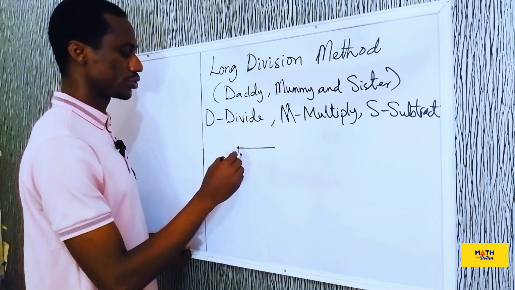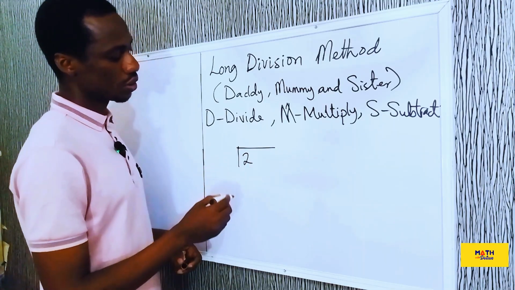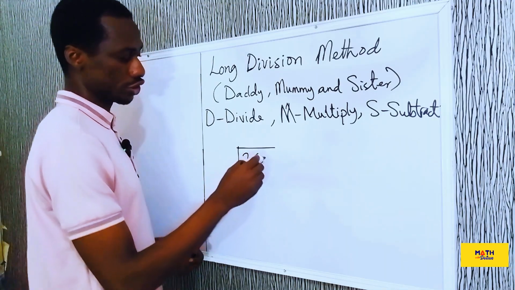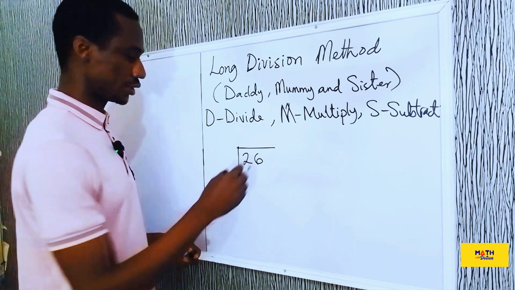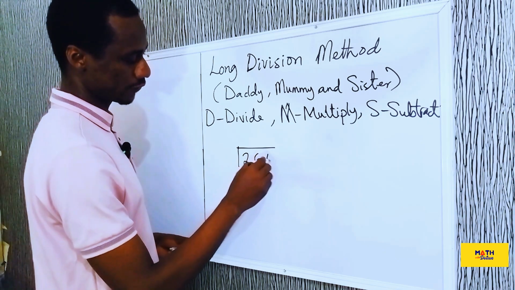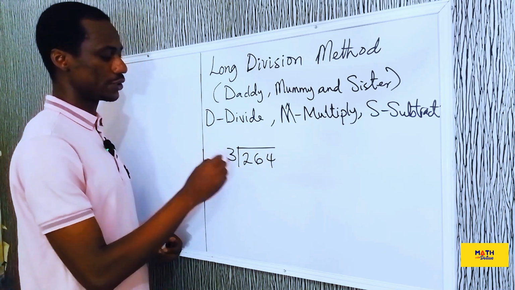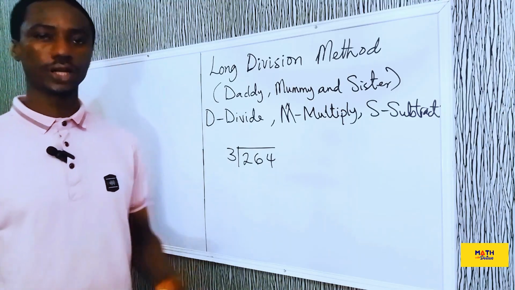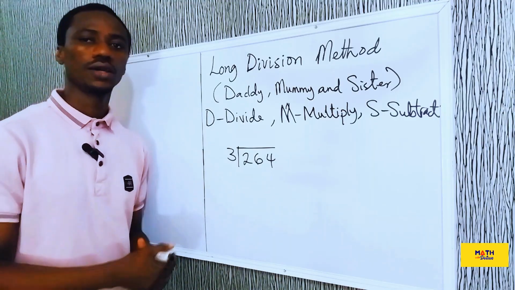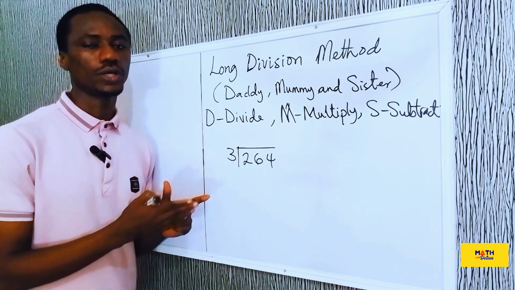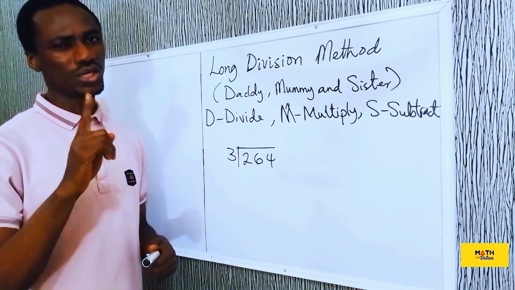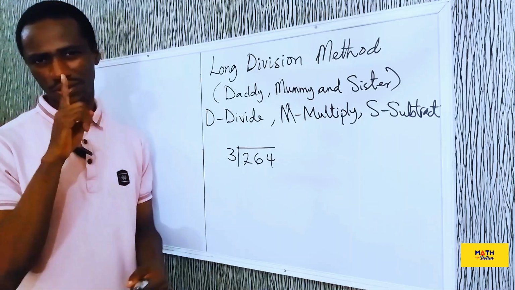Let's take a simple division question. Let's say you have 264 divided by 3. When you're doing your long division or short division, the rule is that you take your digits one by one.